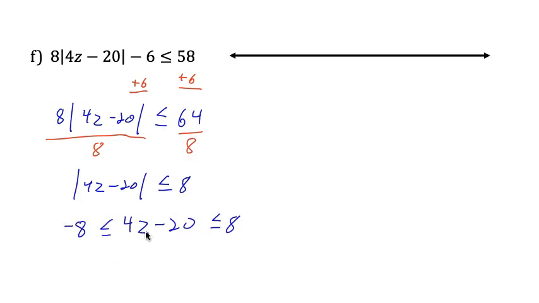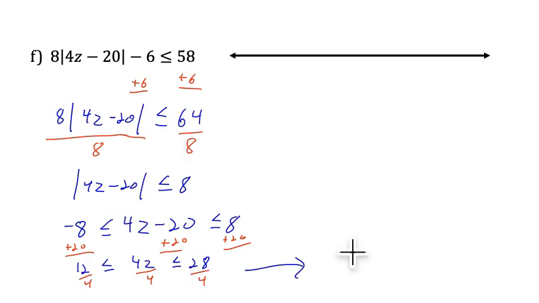Now we want to get z by itself in the middle here, so let's add 20 to all three sides. Then we'll divide all three sides by 4, and I have my expression.